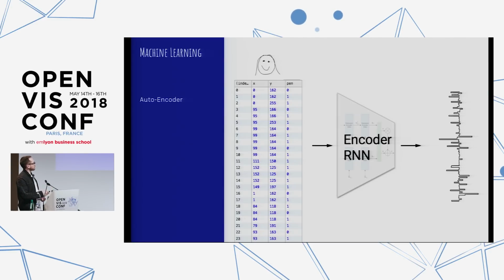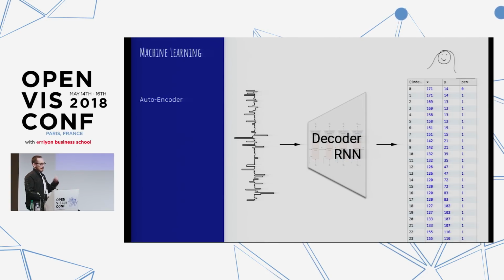I'm representing it as this squiggle. This network is actually made of two parts. First it encodes the data, and then we can take any encoded data and feed it through a decoder, and that gives us back stroke data, which gives us a similar drawing. This uses some probability, so these drawings are never exactly the same as the one before, but they're always pretty similar.